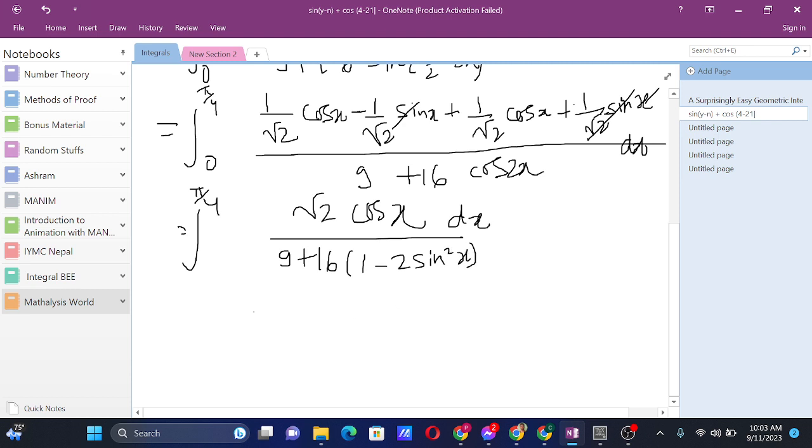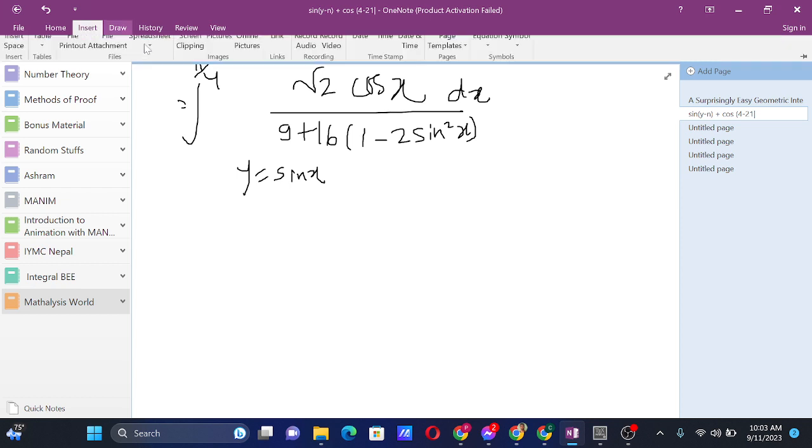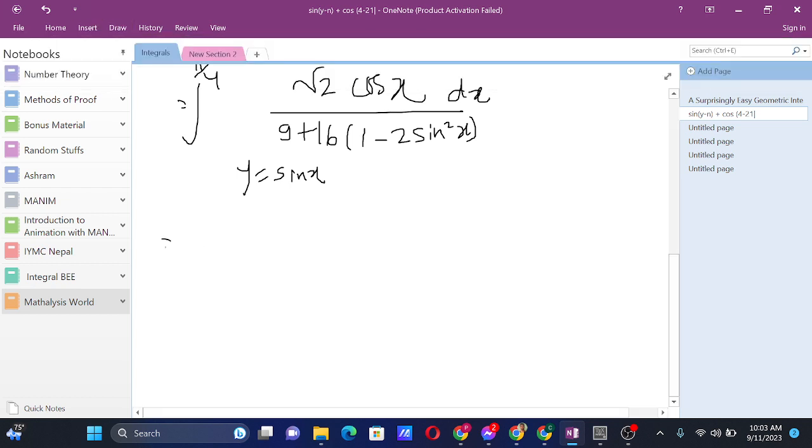Now we let y equal sin x, since we have cos x dx here. With that, we have the integral from 0 to sin pi by 4, which is 1 by root 2, of root 2 dy over 25 minus 32 y square.